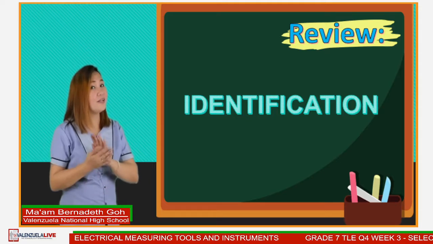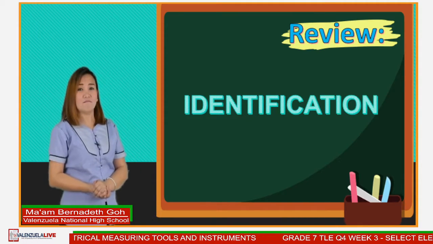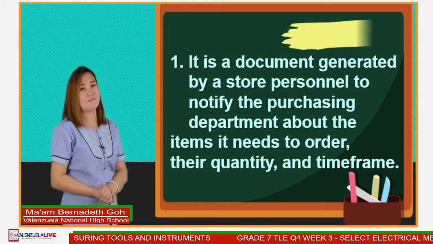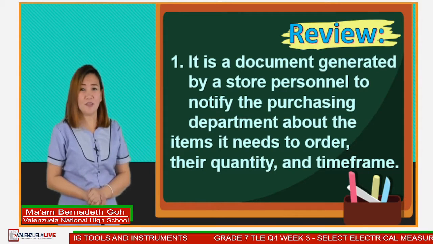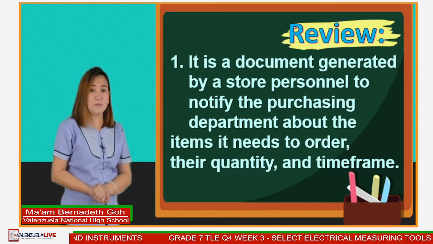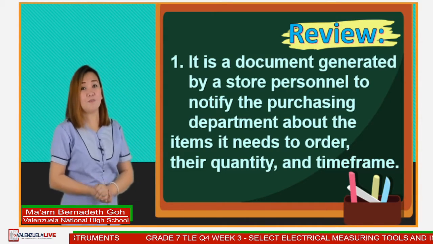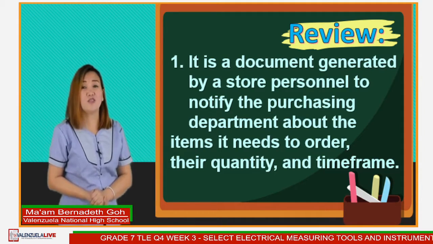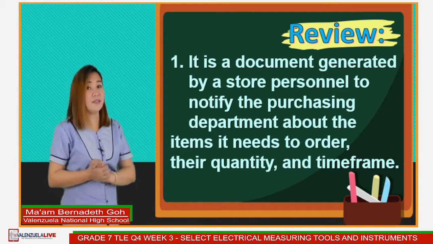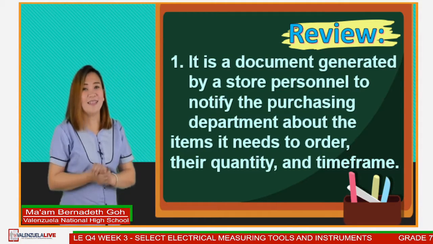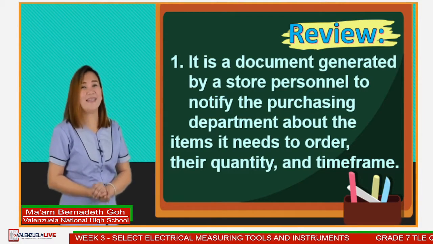Type your answer in the comment box. For the first item, it is a document generated by store personnel to notify the purchasing department about the items it needs to order, their quantity, and time frame. What is that document being described?